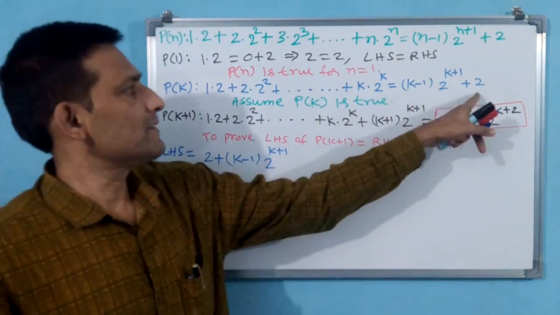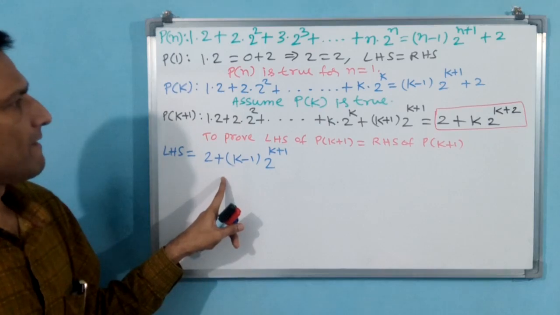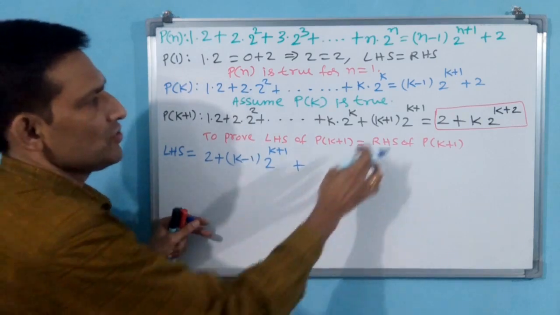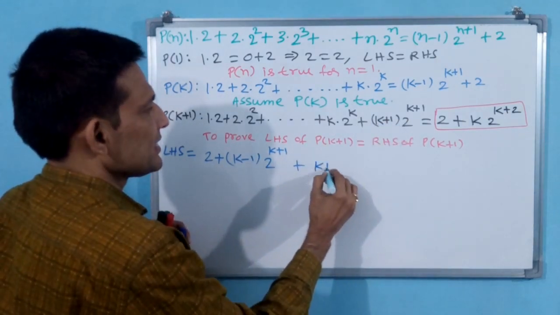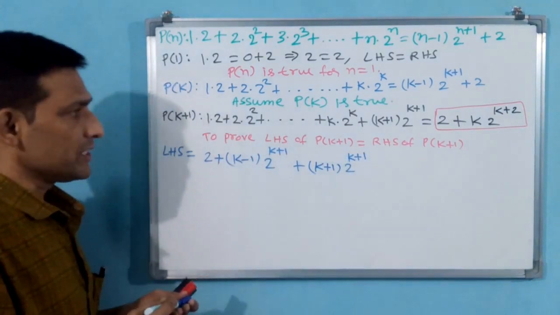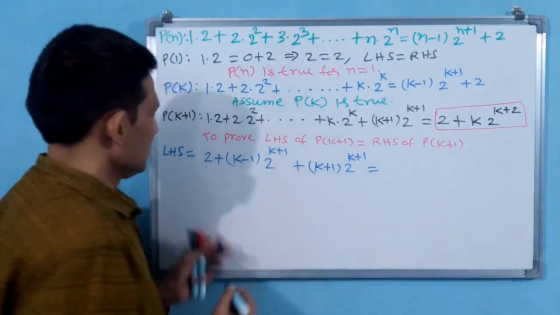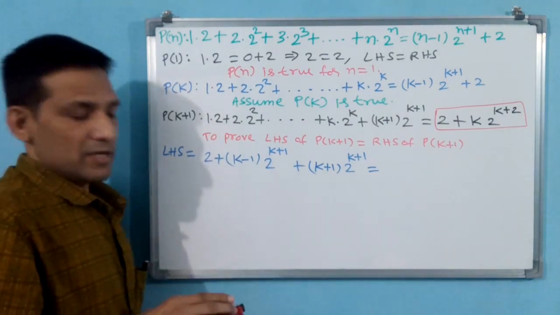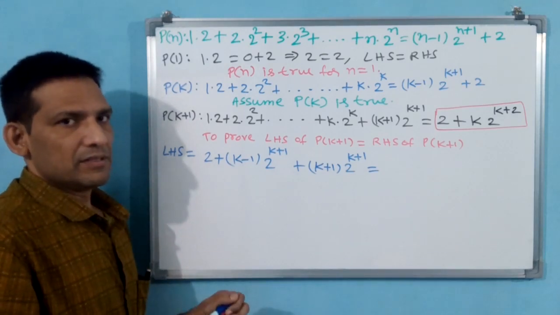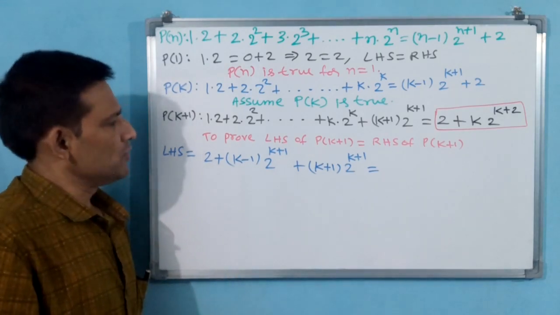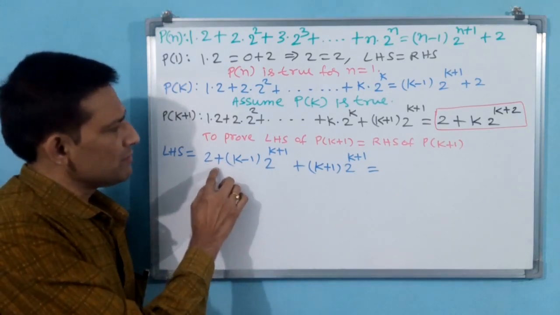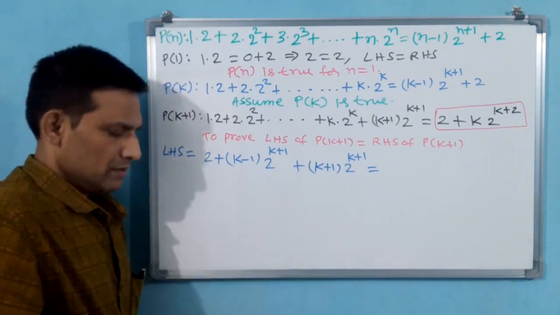Now this is up to here only, plus this you have to write again: k plus 1 into 2 power k plus 1. Here little bit carefully you have to do these expansions, exponents or power indices. You see here 2 will be like this only, because 2 is multiplying nothing. You write 2.